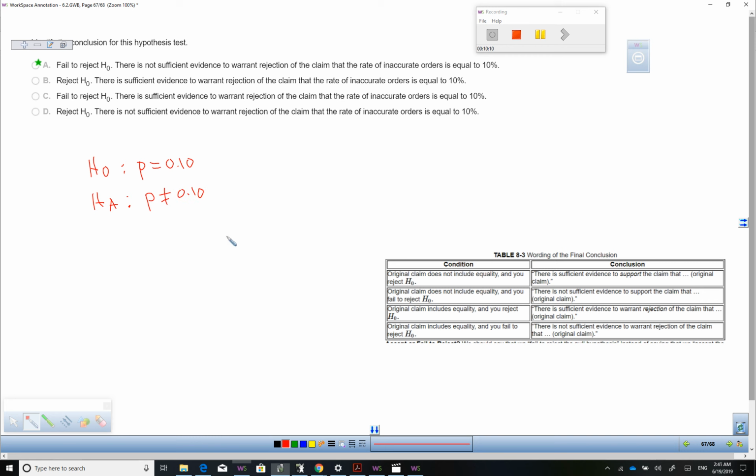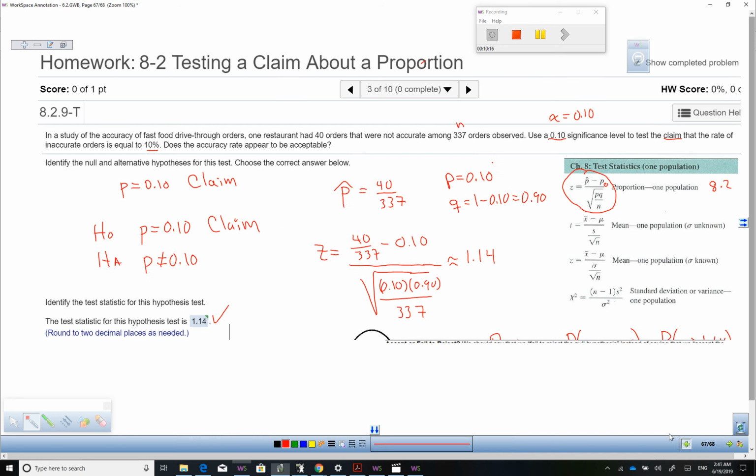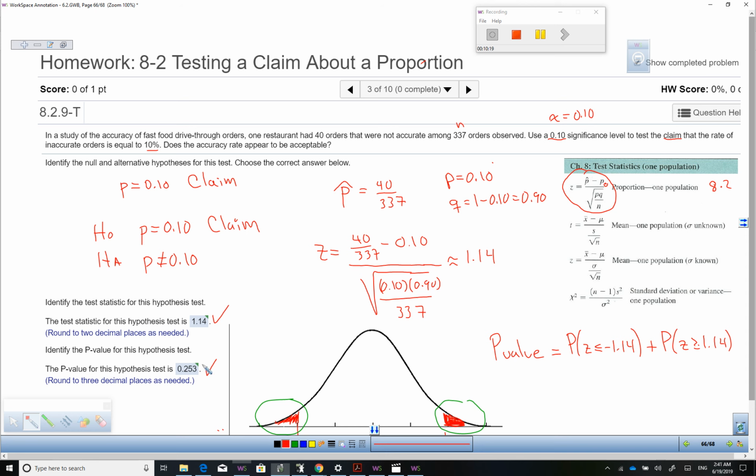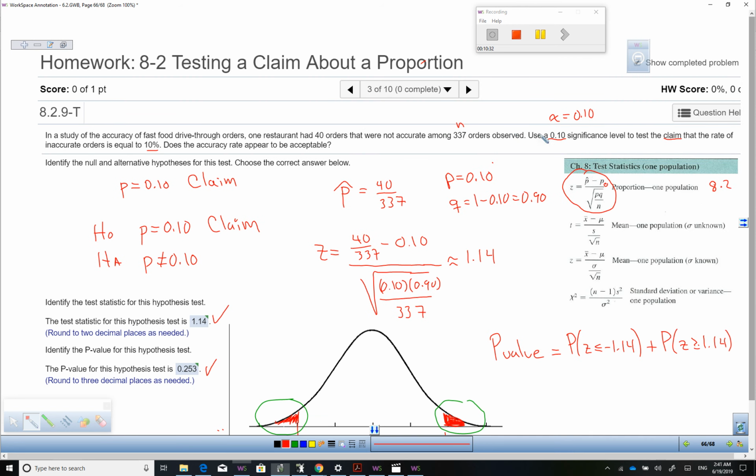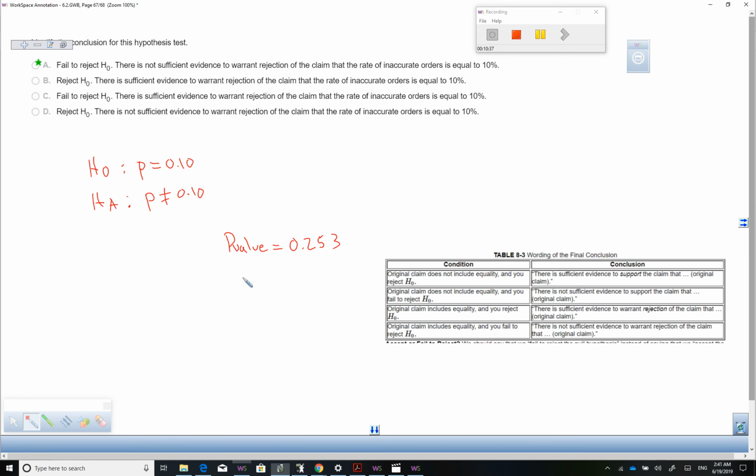The p-value, you see here, was 0.253, and alpha, which is the significance level, is 0.10. Okay, alpha is 0.10. So I would use the p-value method to decide if I reject or fail to reject.